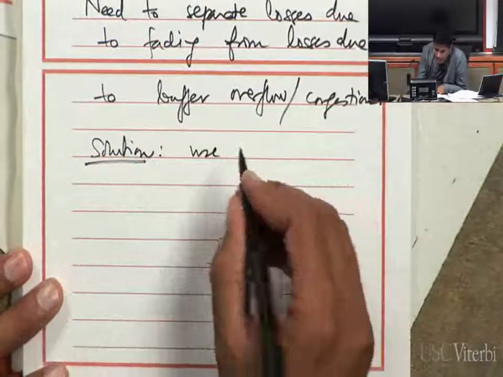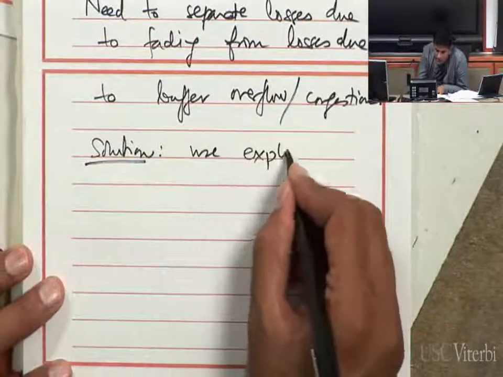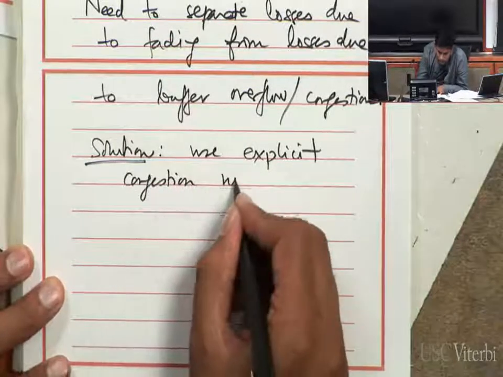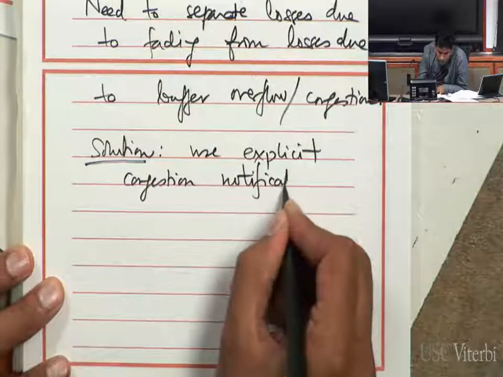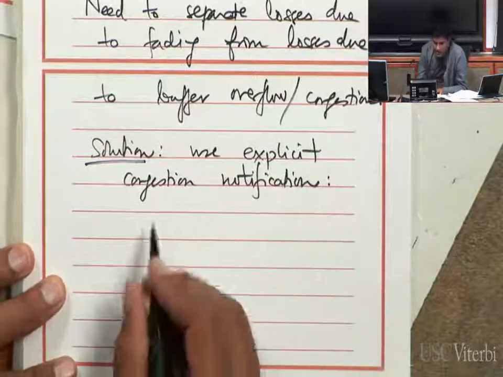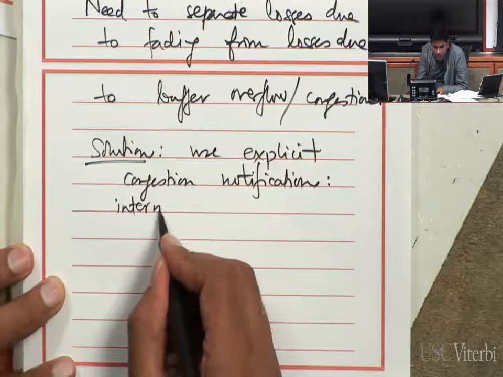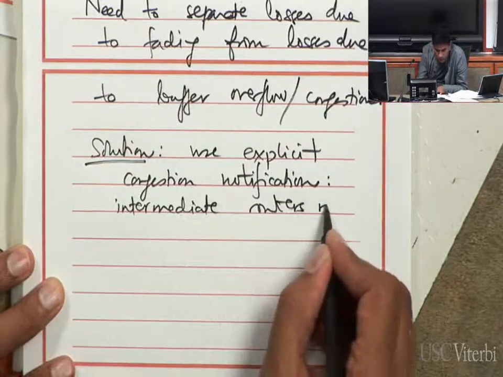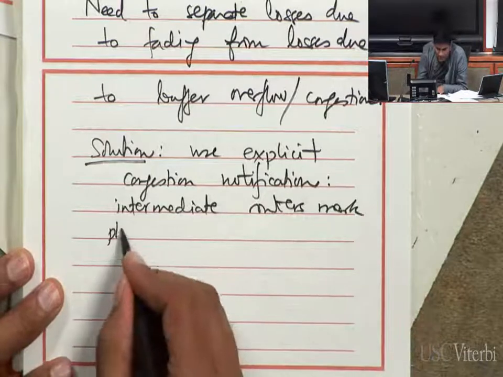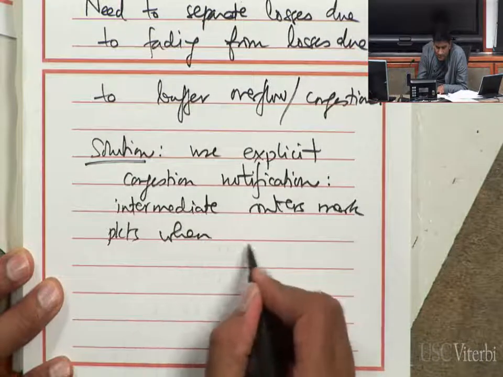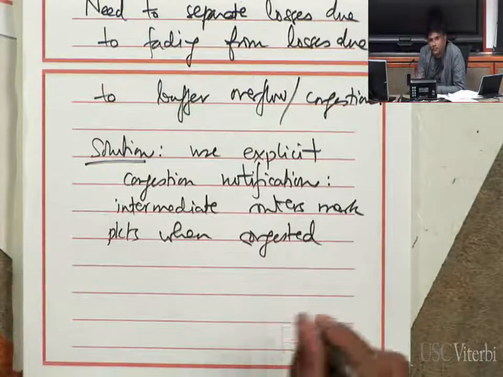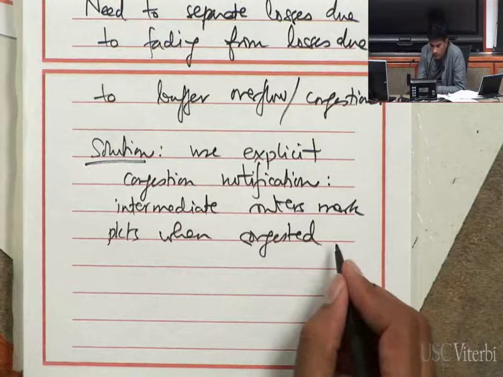the use of something called explicit congestion notification. The basic idea is that intermediate routers mark packets when congested. Okay?